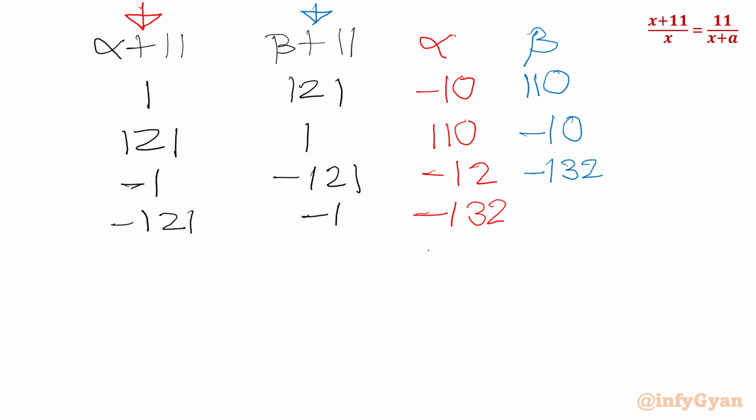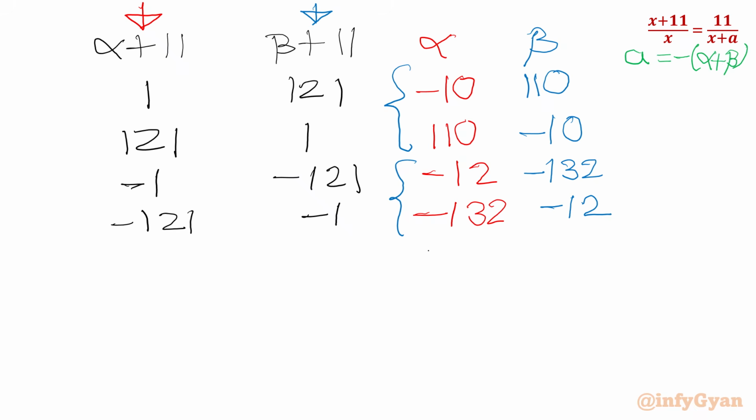And minus 1 minus 11, minus 12. So here we have roots 110 and minus 10, and here we have minus 12 and minus 132. Now we have to find a. So a is nothing but minus of alpha plus beta.